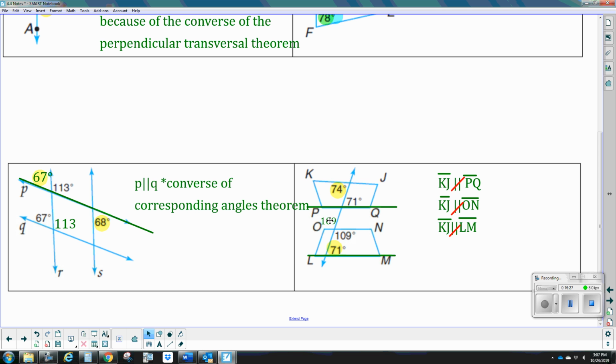First, I'm going to erase my highlights. I'm going to look at the relationship between this 71-degree angle and this angle right here. Those two angles are corresponding angles. So if I can show that these corresponding angles are congruent, then I can show that PQ is parallel to ON.